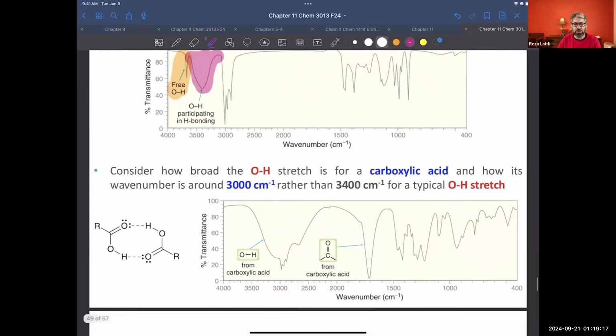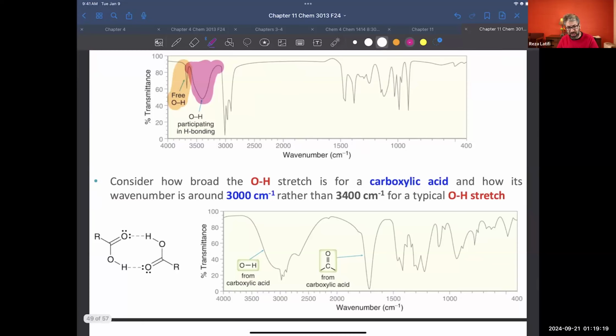The more hydrogen bonding, or the more sites for hydrogen bonding, the broader the range you're going to see for OH. This range starts from somewhere here, until there, and it covers that entire range.